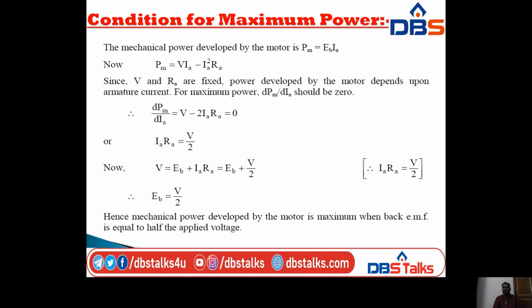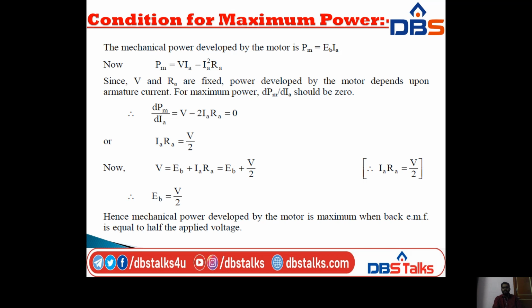From that I am writing Eb = V/2. Hence the mechanical power developed by the motor is maximum when back EMF is equal to half of the applied voltage. This is a note point: the mechanical power developed by the motor, Pm, is maximum when back EMF is equal to half of the applied voltage. So this is the power developed by the armature and the condition for maximum power.